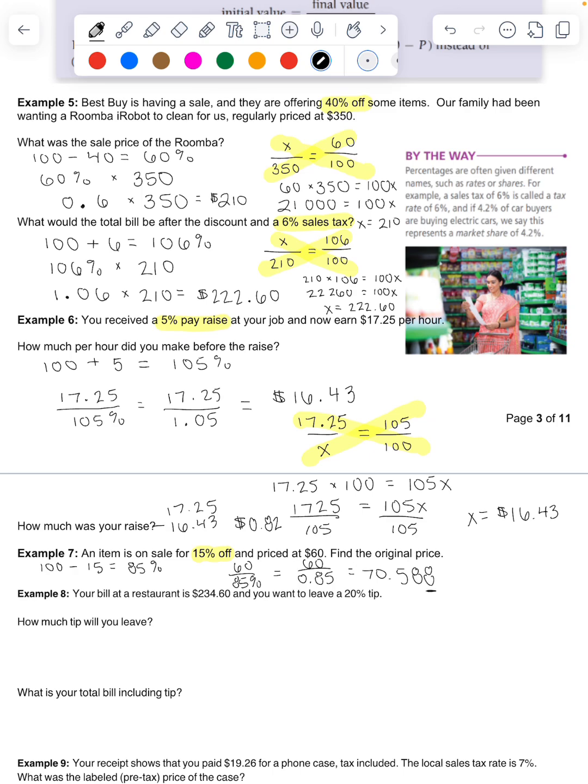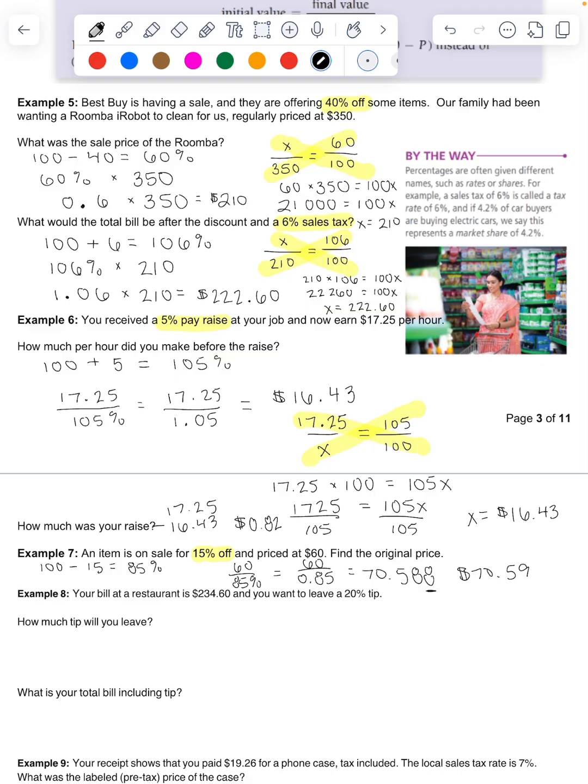Since this number is greater than 5, the first 8 is going to go up. So 70.59 is the original price.